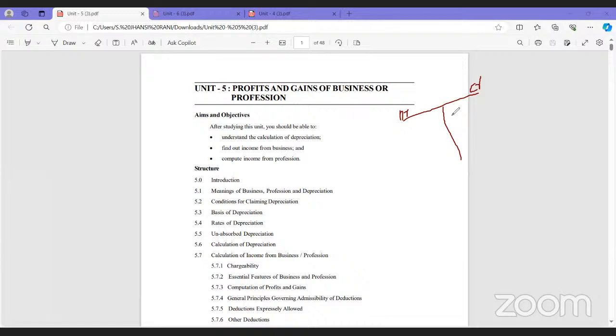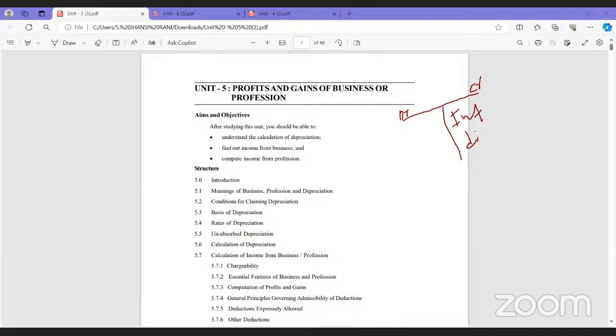And on the credit side, we write interest on bank deposits, dividends received, interest on investments. Like this, we write incomes or gains on the credit side. And whatever difference we get, we call it profit.